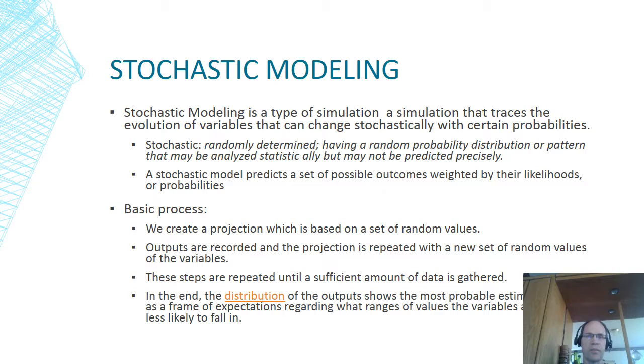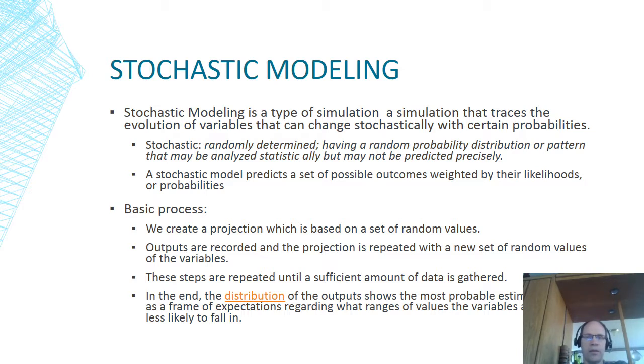So a stochastic model then predicts a possible set of outcomes weighted by their likelihoods or probabilities. And the basic process is you create a projection which is based on a set of random values. Outputs are recorded, and then the projection is repeated with a new set of random values, and you repeat that until you have gathered a sufficient amount of data.